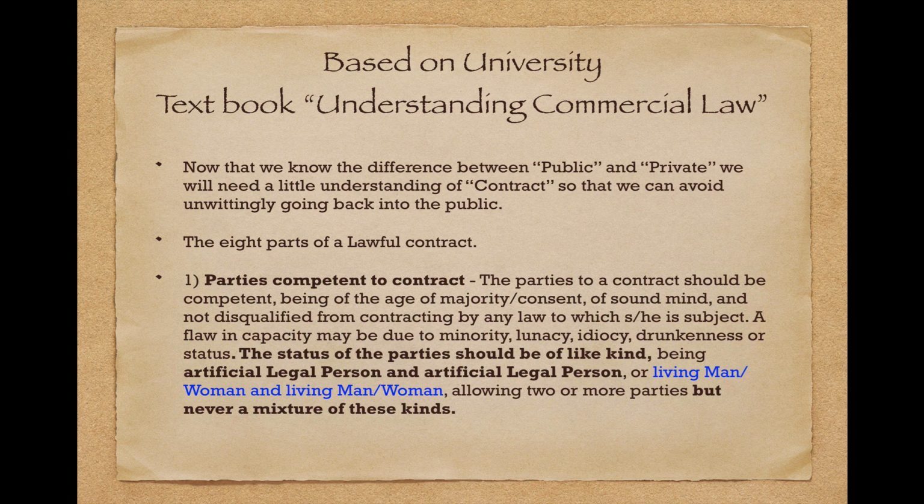Now here's the part. The status of the party should be of like kind, being artificial legal person and artificial legal person, or living man woman and living man woman, allowing 2 or more parties but never a mixture of these kinds. So you can't have an artificial legal person and a living man and woman, and this is where we have gone wrong every single time.